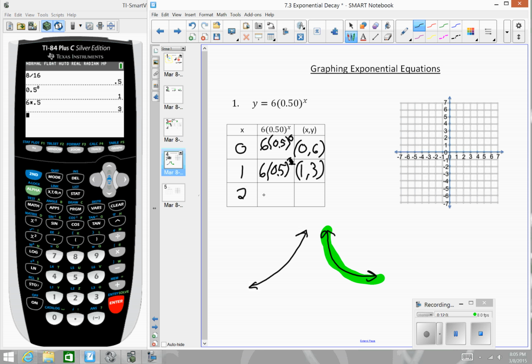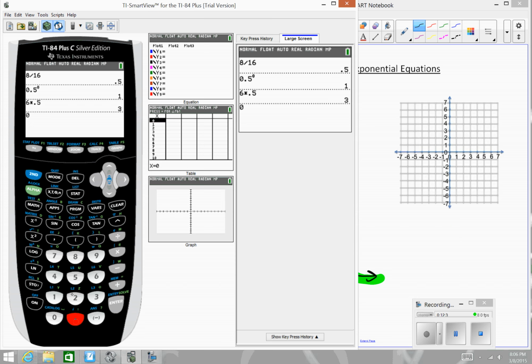And lastly, let's input a 2, so it's going to be 6 times 0.5 raised to the second power, or squared. Remember PEMDAS, let me just write that up top. Parentheses, nope, exponents. So exponents, I have my 0.5 raised to the 2. Let's plug that into the calculator. 0.5 raised to the second power is 0.25, right?